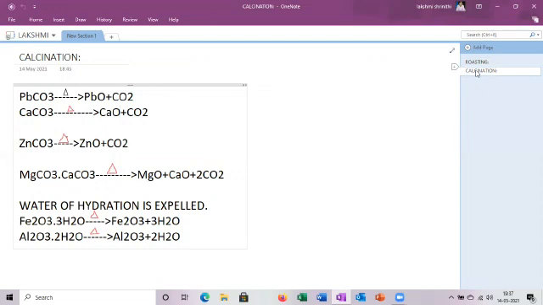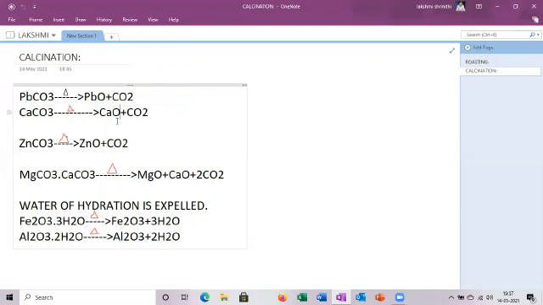Now calcination. Calcination is just the reverse of roasting. Here also we convert into an oxide ore, but in roasting we supply excess of air, whereas this is done in the absence of air. So calcination is the process of heating the ore in the absence of air. For example, PbCO3 gives PbO and CO2. CaCO3 gives CaO and one molecule of carbon dioxide.